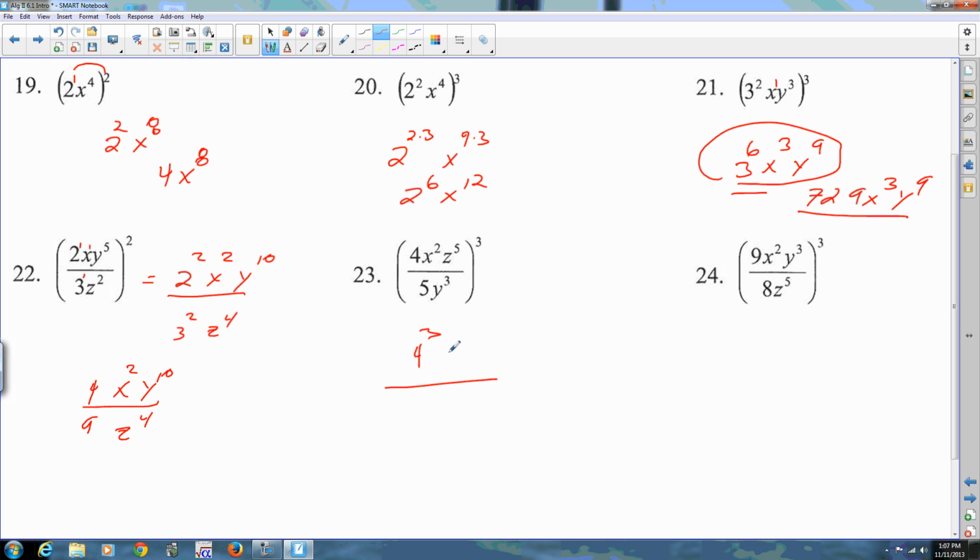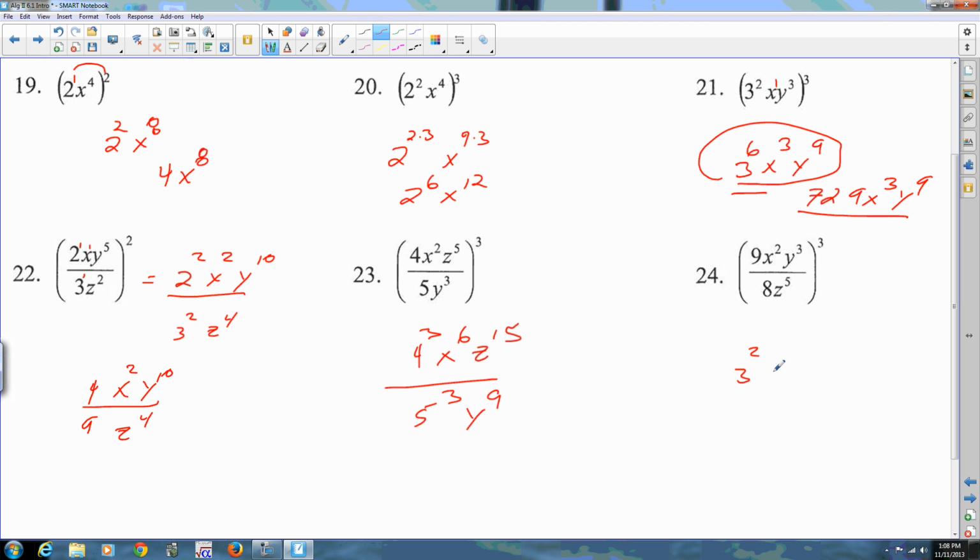4 cubed x to the 6th z to the 15th, 5 cubed y to the 9th. This one, go ahead and distribute the exponent in. 9, well, okay, hold on. I guess what I would like to recommend on this one is go ahead and write that as prime factored.